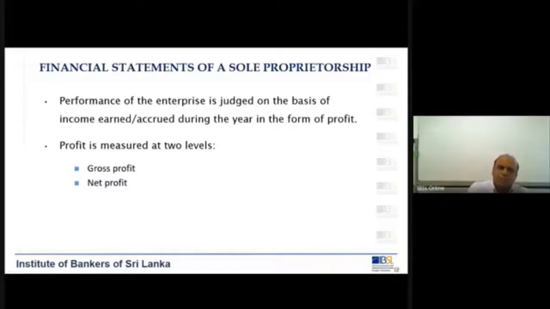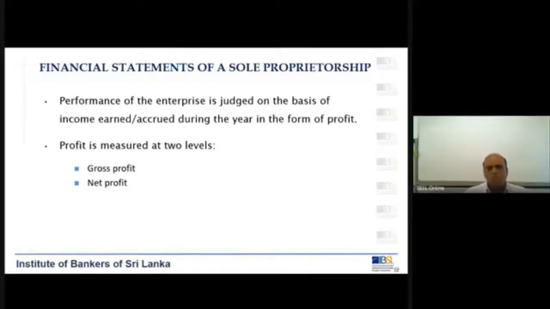The profits of the business are measured at 2 different levels. Now, this is where every kind of business might differ from one another. When it comes to a trading business, the profits are measured at 2 levels. Later on, you will see the financial statement of a bank might not have this kind of profit estimation at 2 levels.